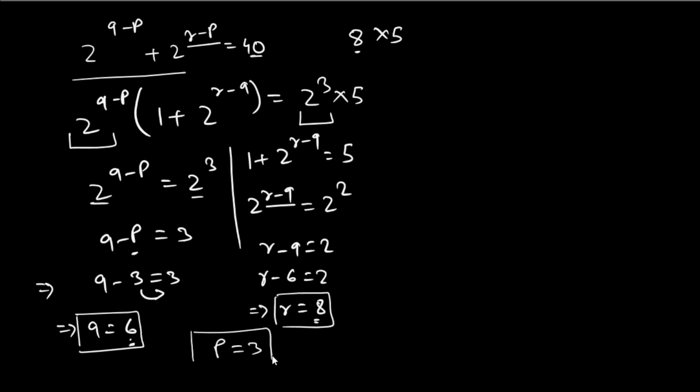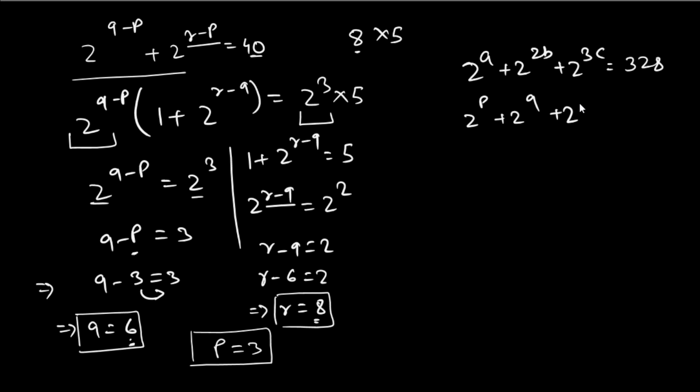We have calculated 3 values. So in the beginning we have 2 powered by a plus 2 powered by 2b plus 2 powered by 3c equal to 328, and later we have 2 powered by p plus 2 powered by q plus 2 powered by r equal to 328.